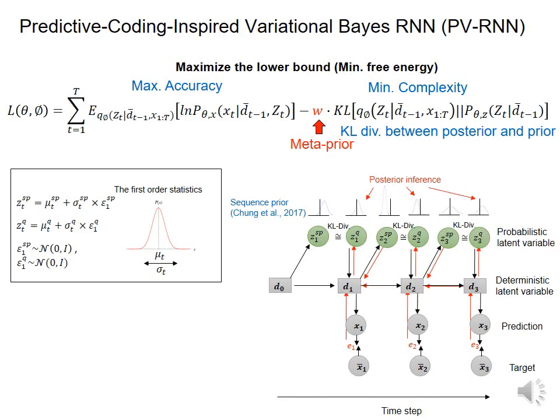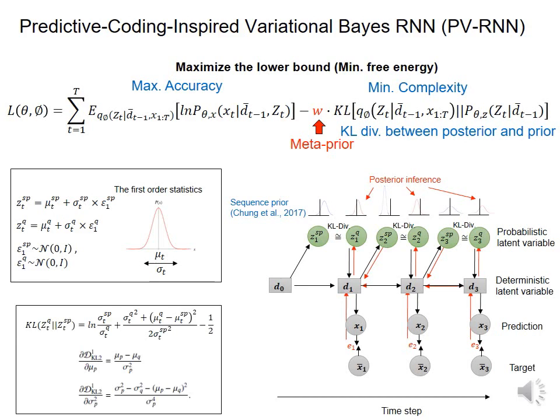So we have posterior inference for each step. In the attempt to maximize the lower bound, we do an iterative computation, and through the iterative computation the posterior distribution is optimized. Additionally, I note that the KL divergence can be computed analytically.